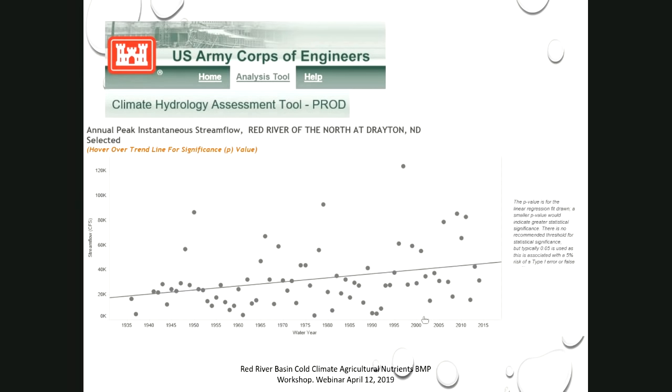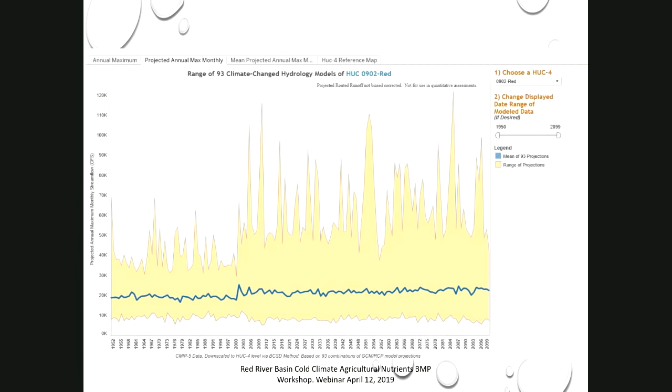And the Corps' climate hydrology tool lets you do a prediction of what they run 93 different climate change models and look at how precip is going to change over time.